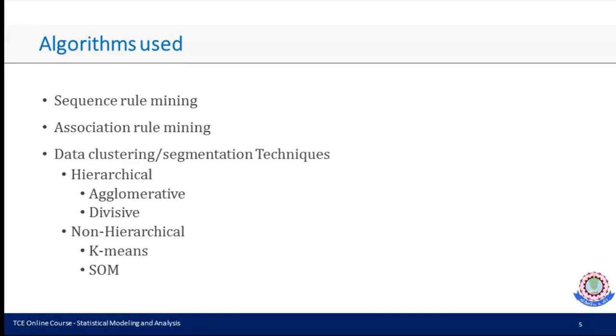Hierarchical methods are of type agglomerative and divisive, and for the non-hierarchical category we have k-means, k-medoids, and self-organizing maps. So let's see the explanation and examples focusing on these three different categories.